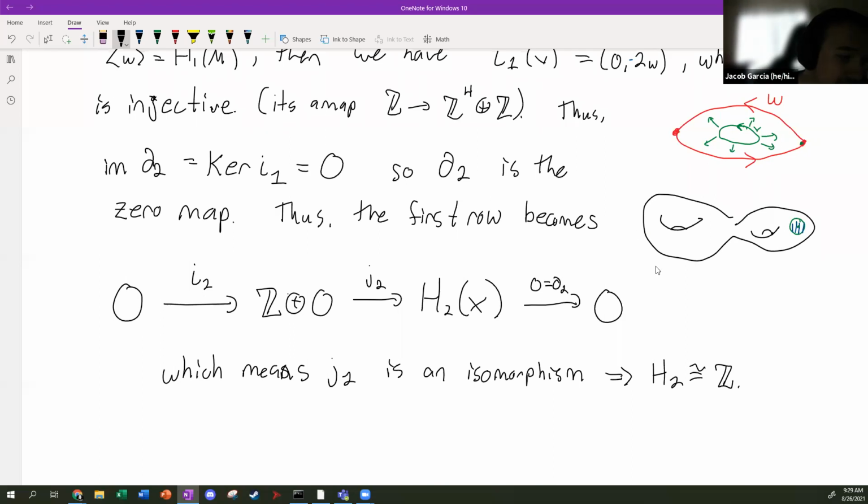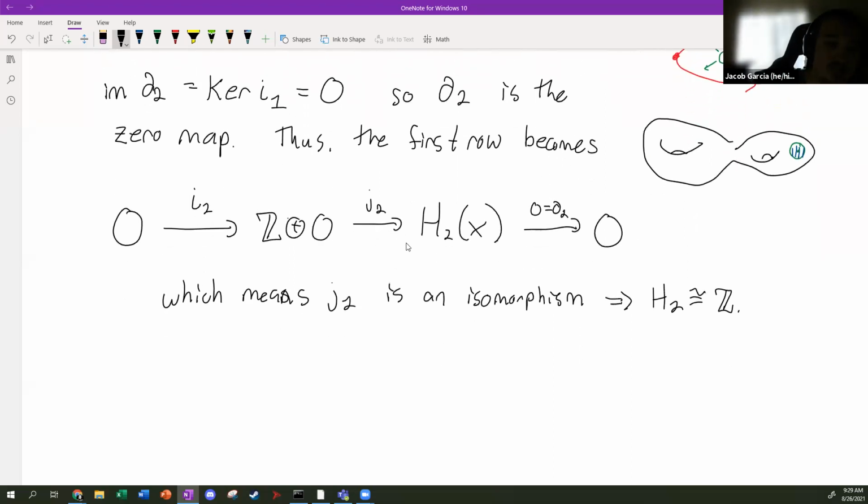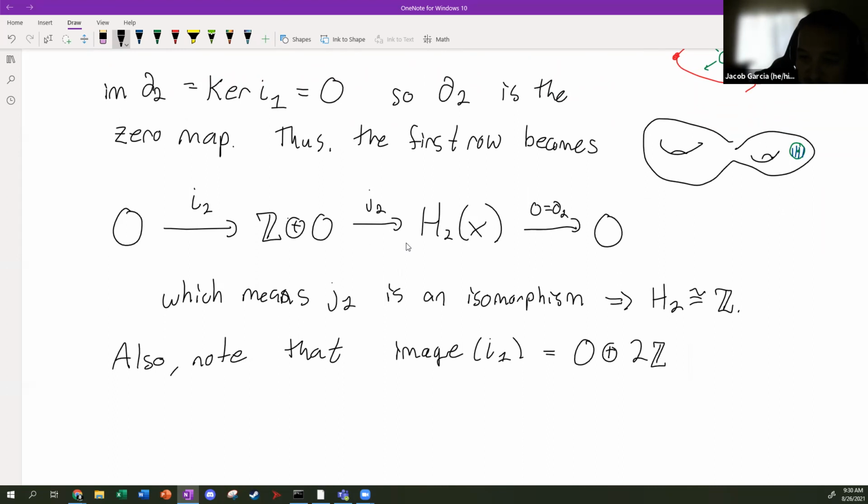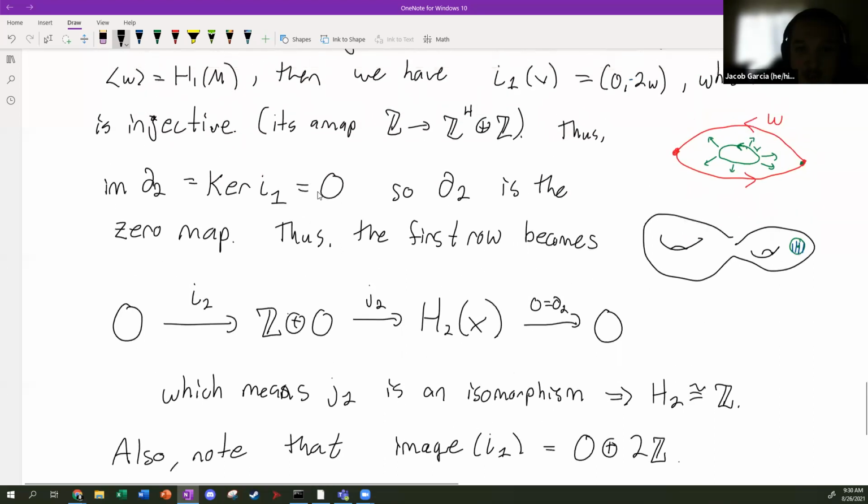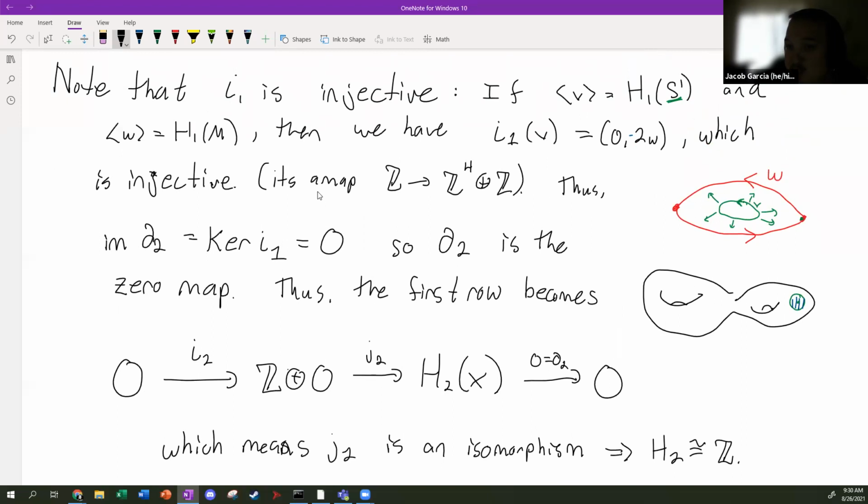Okay. Also, note that the image of I1 is 0 plus 2Z. Right? That's pretty clear based on the fact that this is what the map does.